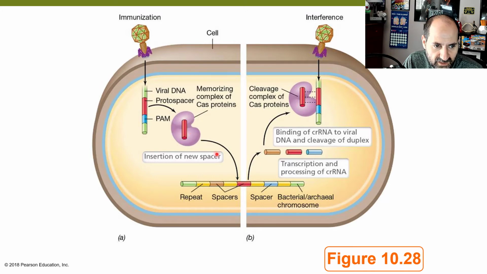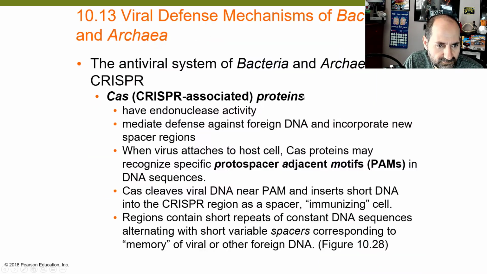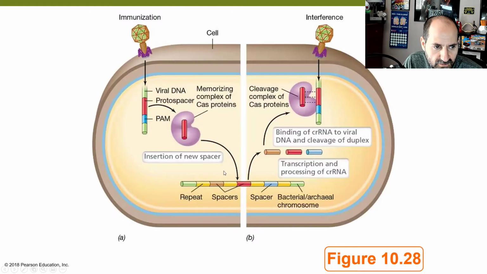It will then integrate that as a new spacer into the CRISPR gene. And then later on, that sequence can be transcribed, cleaved, and then that spacer can be conjugated with a Cas protein, and that could be used to cleave any other viral genomes that have the same sequence.